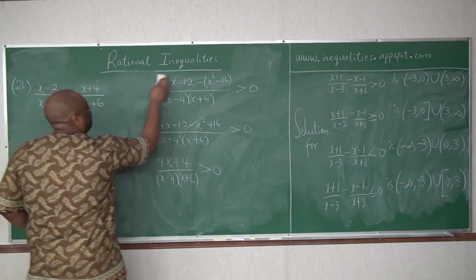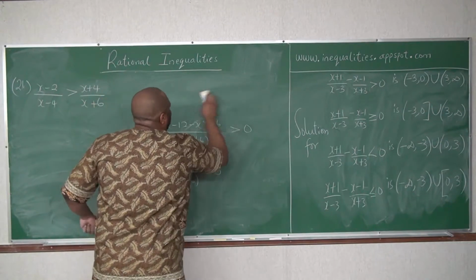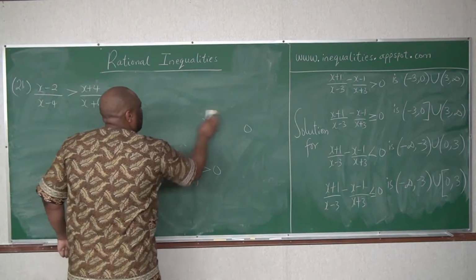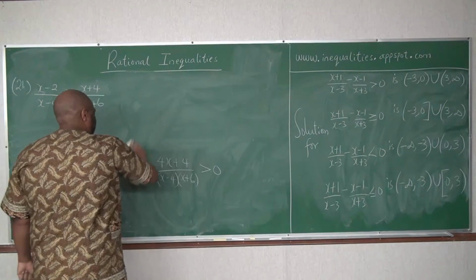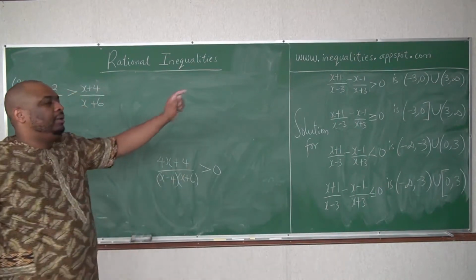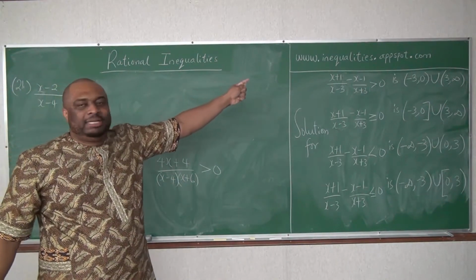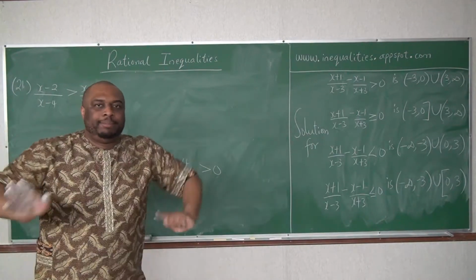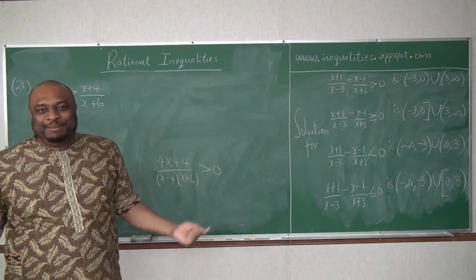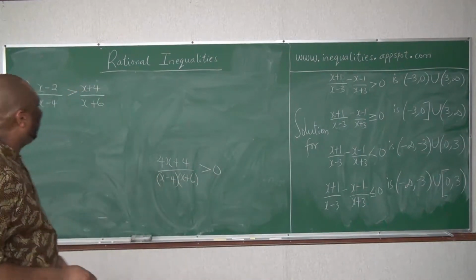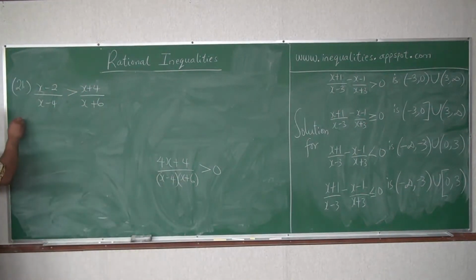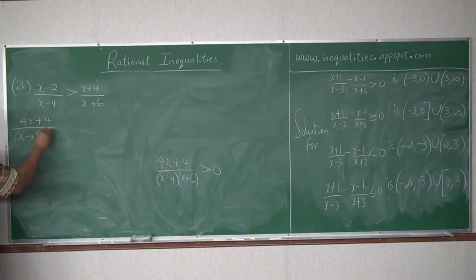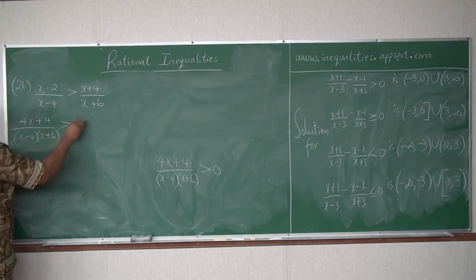You can pause the video and write down, or better still, go to this website to see all my work. I don't skip steps. You know I do not skip steps, right? So this is our modified one: (4x plus 4)/((x minus 4)(x plus 6)) greater than 0.